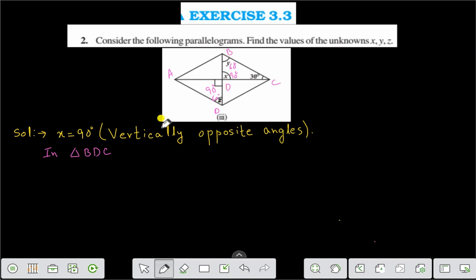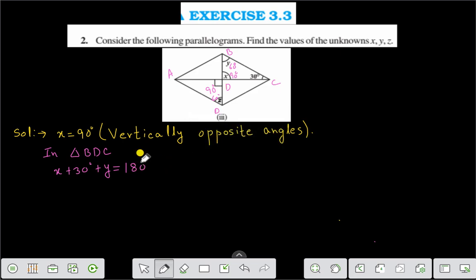Now we'll find the value of y. That is, x is 90 degree, x plus 30 degree plus y is equal to 180 degree.